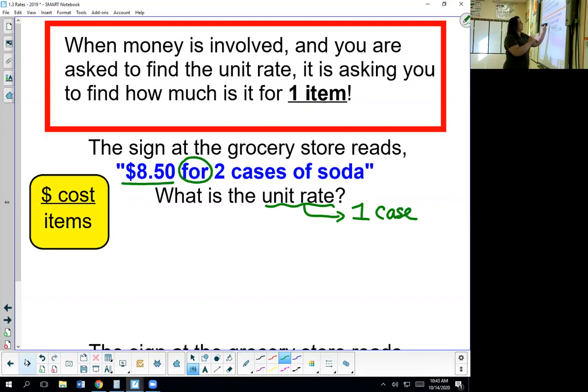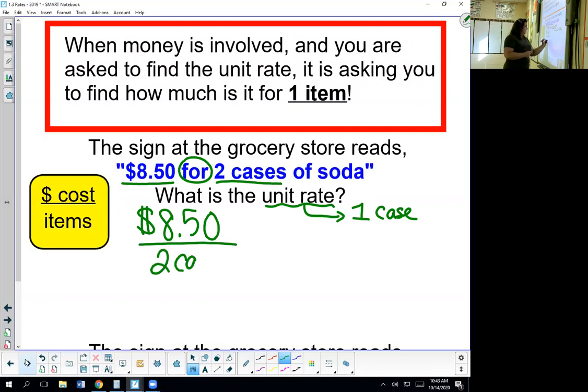$8.50 for 2 cases. So remember, money on top, $8.50 for, or each, or whatever, 2 cases. And the goal is, I want to know the unit rate. So how much does it cost for 1 case of pop?